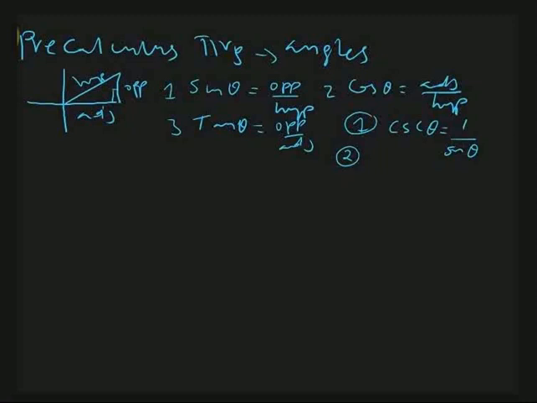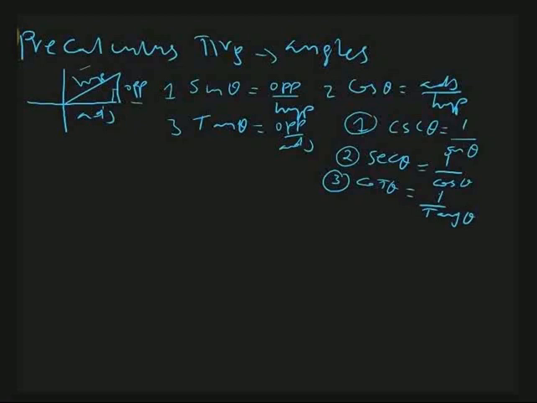Cosine also has a reciprocal, which is secant, 1 over cosine. And the tangent also has a reciprocal, which is cotangent. So cotangent is 1 over tangent. It's something you have to memorize for doing angles in pre-calculus, right?